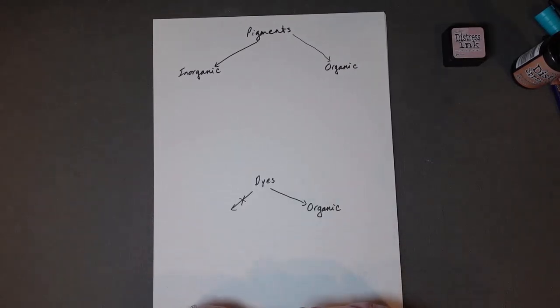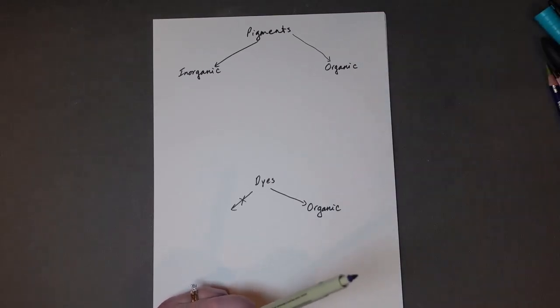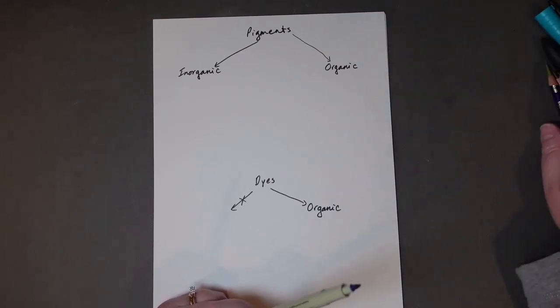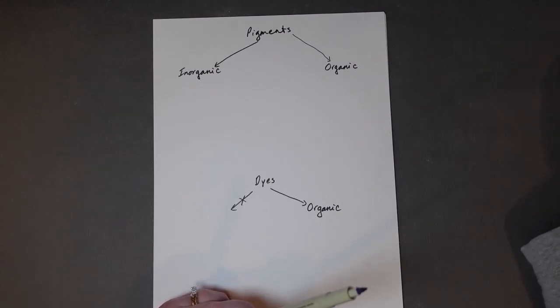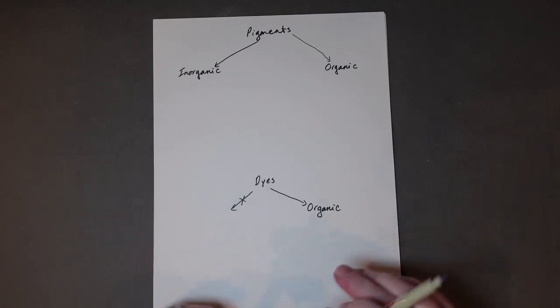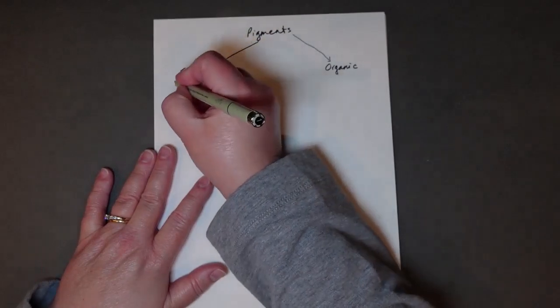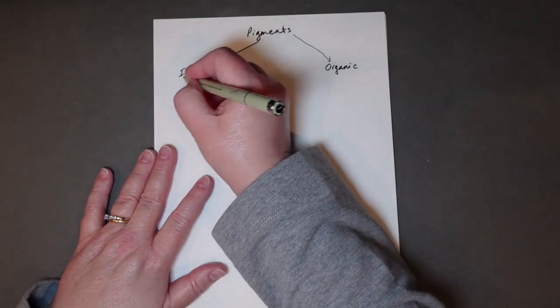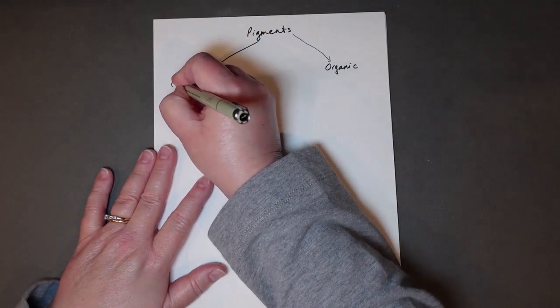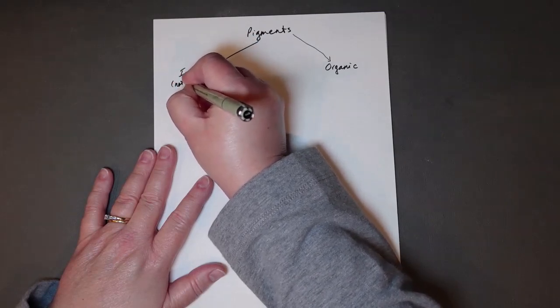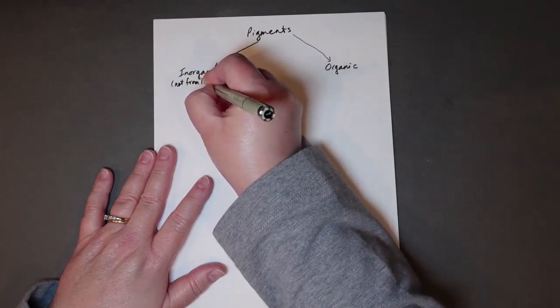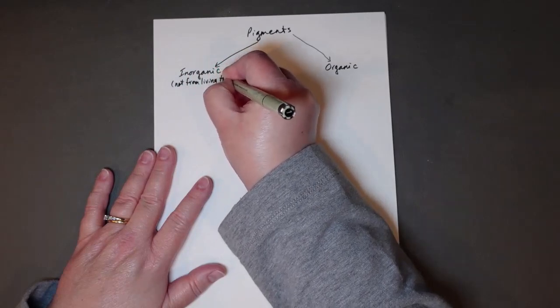Well, it's not maybe what you think it means. In this day and age, when people talk about things that are organic, they mean like organic produce, but that's not what I mean. I mean in the chemistry sense. Inorganic is, how can we say this, not from living things.